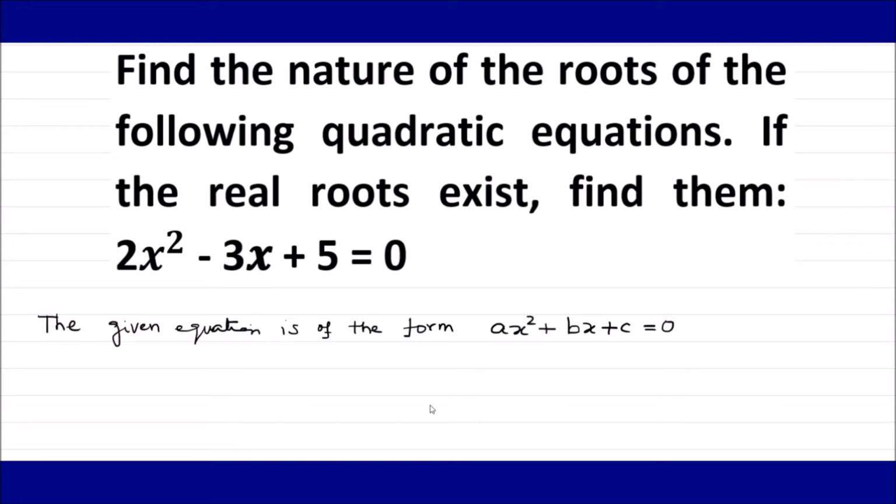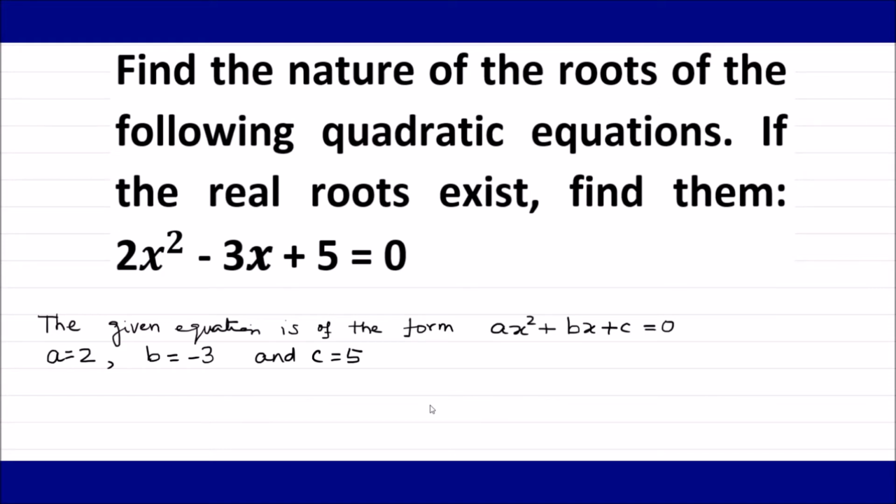From this equation we can derive the value of a is equal to 2, b is equal to minus 3, and c, the constant, is equal to 5. So now we have the values of a, b and c.